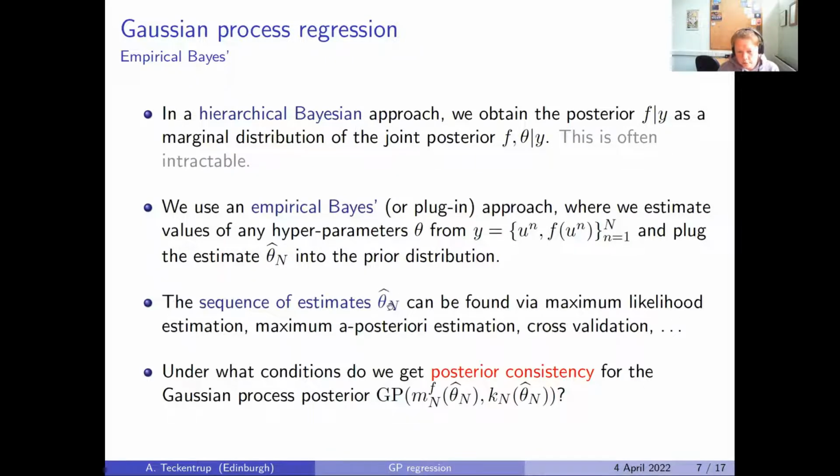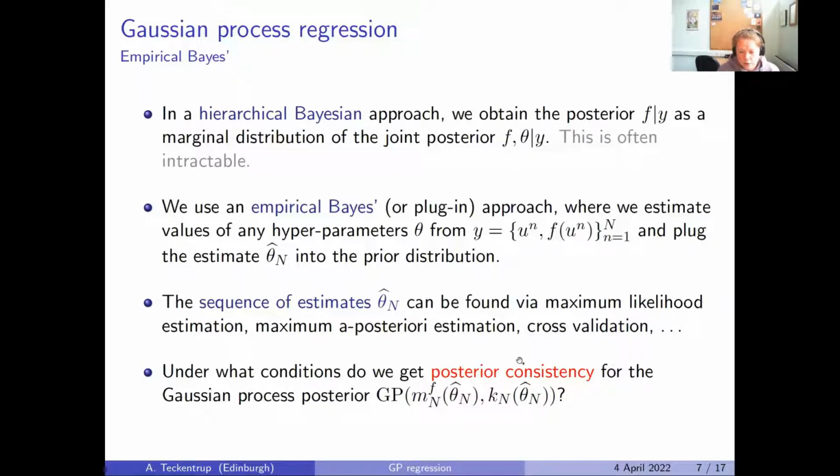How you actually estimate these hyperparameters is another question. I'm not going to talk anything about that. There's still a lot of research going into how you can do that efficiently, and it's really a whole topic on its own. You can think of doing things like maximum likelihood or maximum a posteriori estimation or cross-validation or something like that.